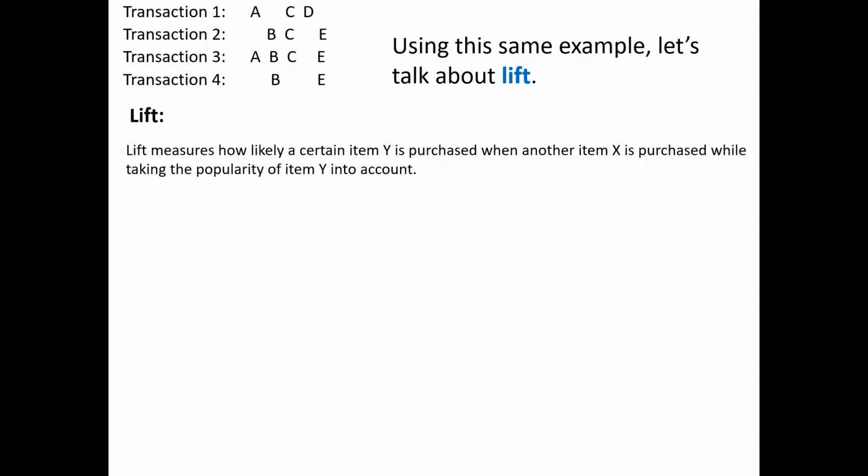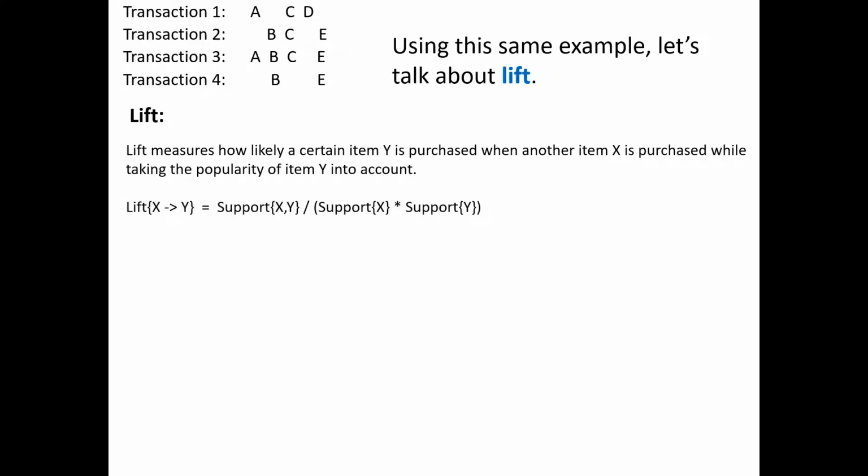So the problem we just saw with confidence is no longer around for lift. It takes into account the popularity of one of those items, so this is something more meaningful that we could use more reliably than confidence.